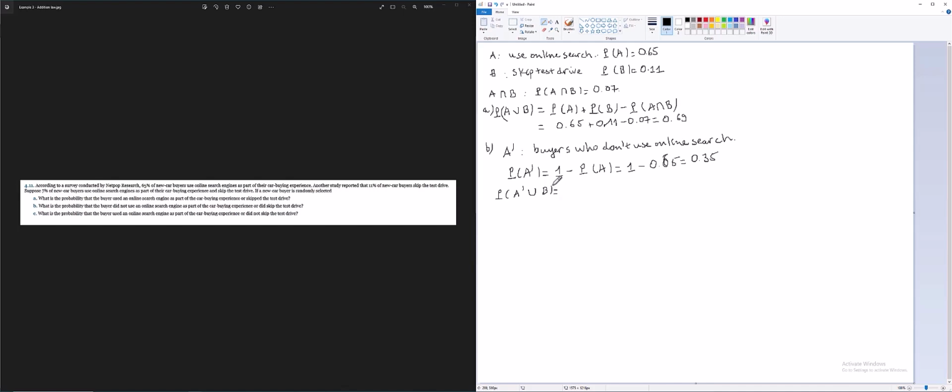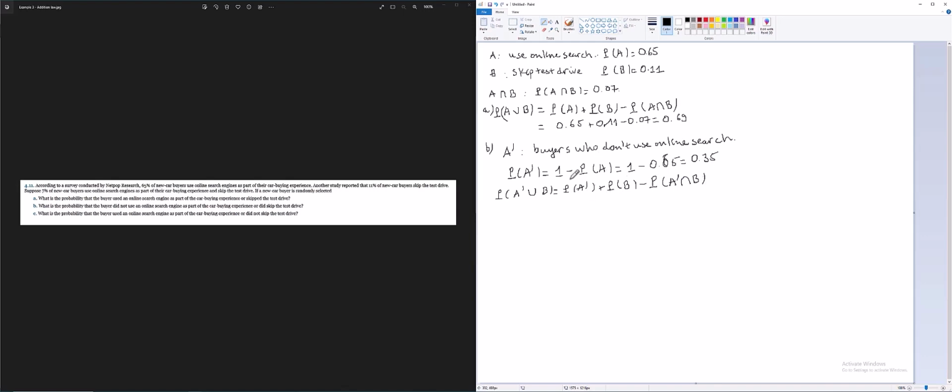So the probability of A prime union B, using the addition law, equals P of A prime plus P of B minus P of A prime intersect B.